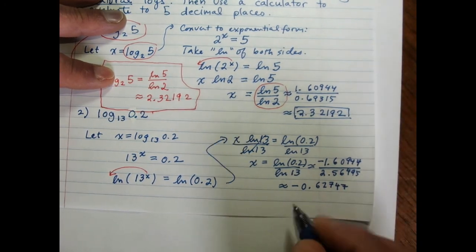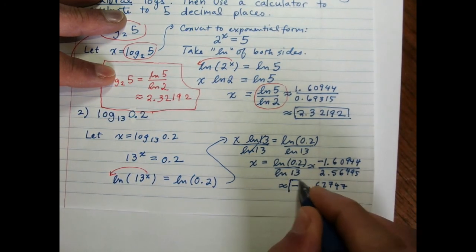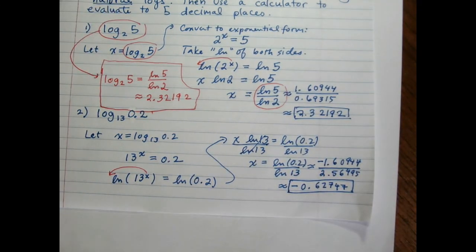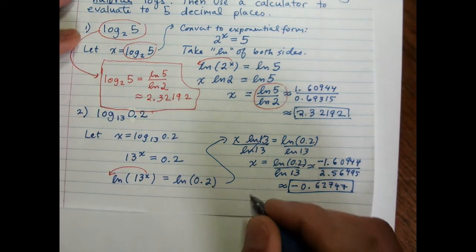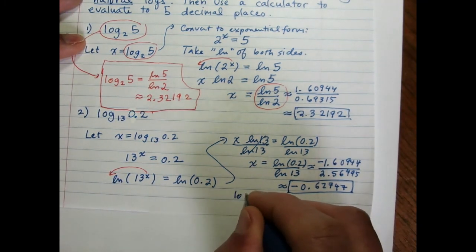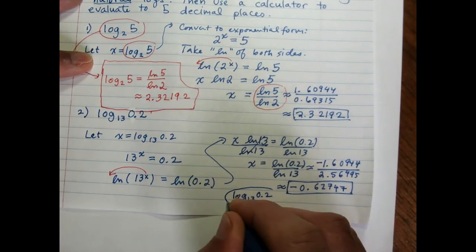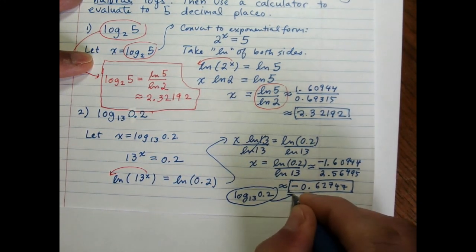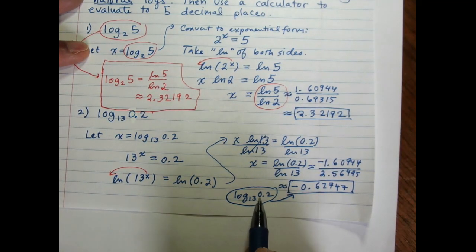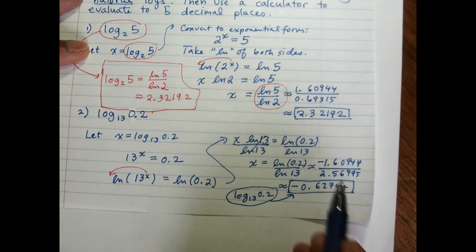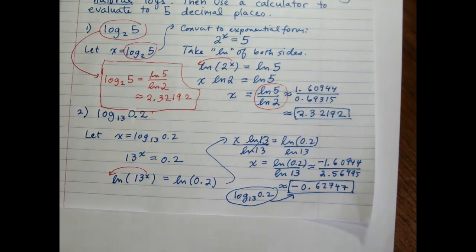So it's a negative number that is equal to log base 13 of 0.2. We got it by going through this process and using natural log buttons on our calculator. So that's the end of the problems for this section.